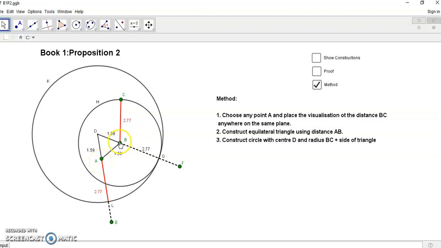You choose any point A and place the visualization of the distance. This is BC. This here isn't a straight line. It's a distance. It's a visualization denoting the distance BC. So a straight line is the shortest distance between B and C. That's what it means. Then you're not really constructing an equilateral triangle.